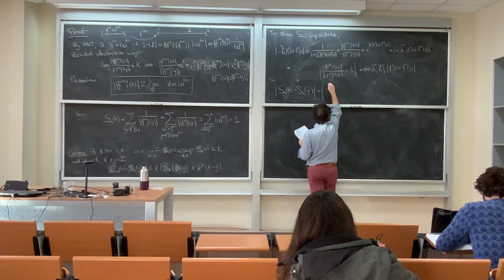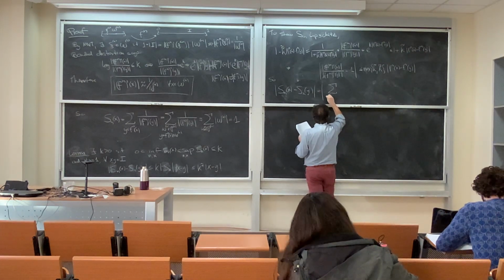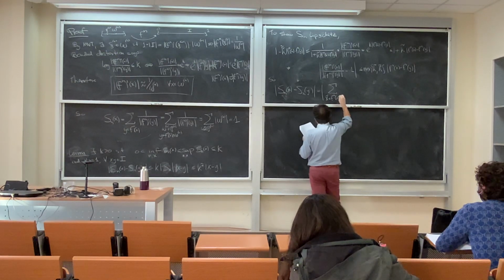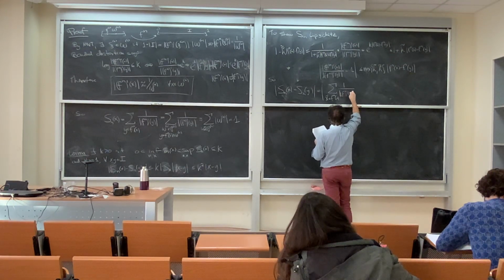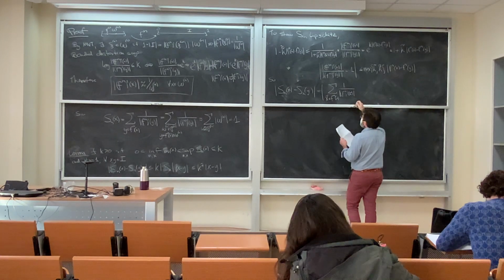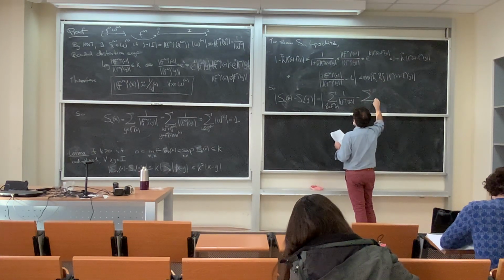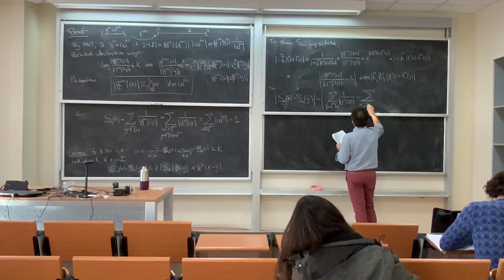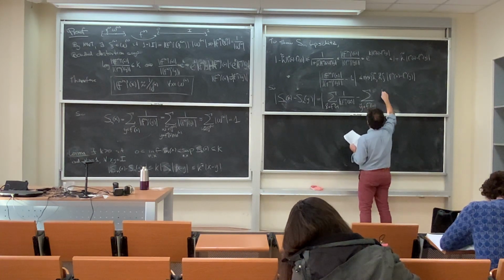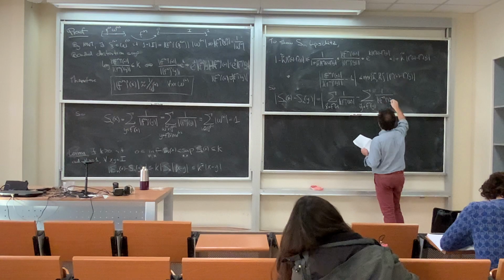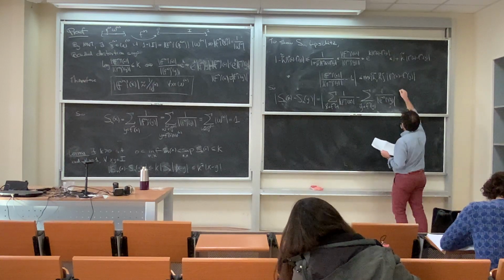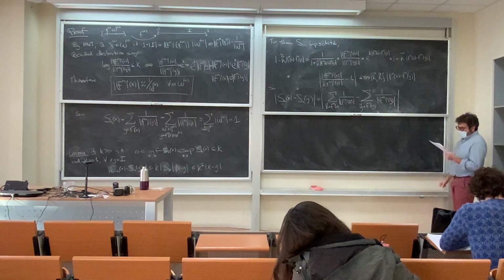This is equal to the sum over x tilde in f minus n of x of 1 over Fn prime of x tilde, minus the sum over y tilde in f minus n of y of 1 over Fn prime of y tilde. This is just the definition.